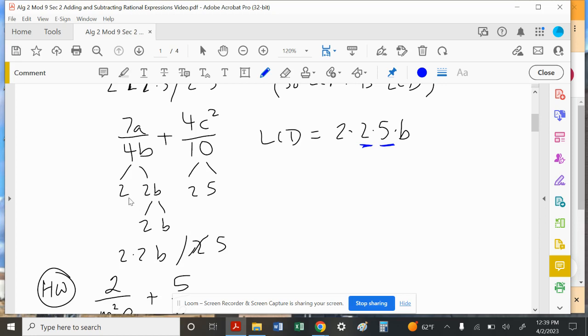This one needs a 2 and a b. This one doesn't need another 2 and a b. So I still have to include them because one of them needs them. So therefore, if I were to multiply all these together, 2 times 2 is 4. 4 times 5 is 20. So my least common denominator in this case would be 20b.